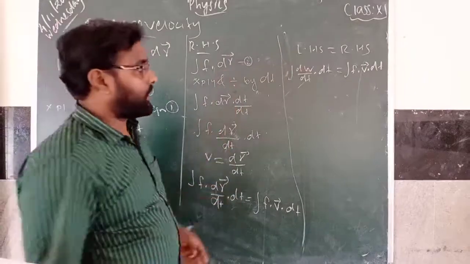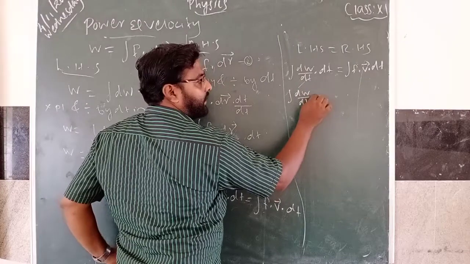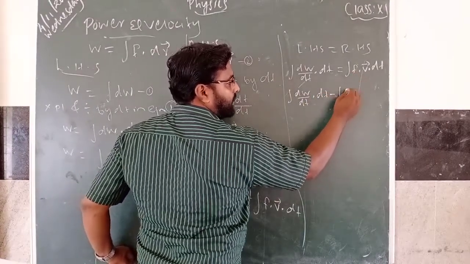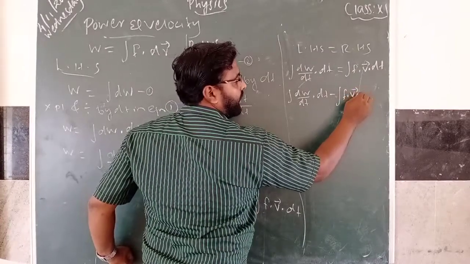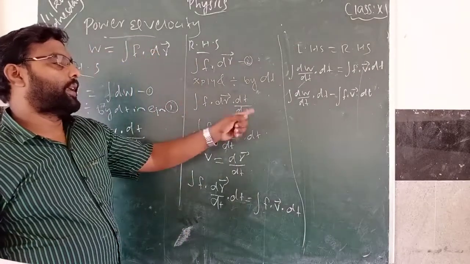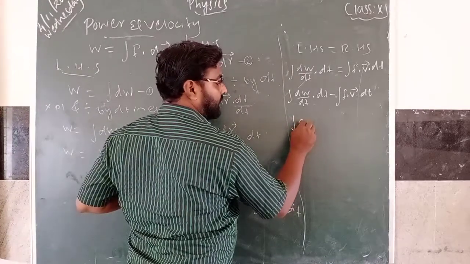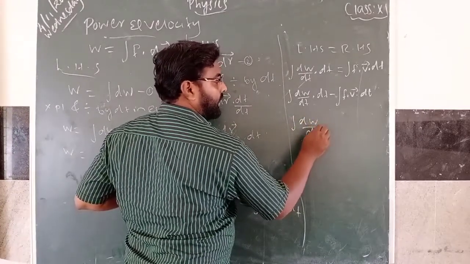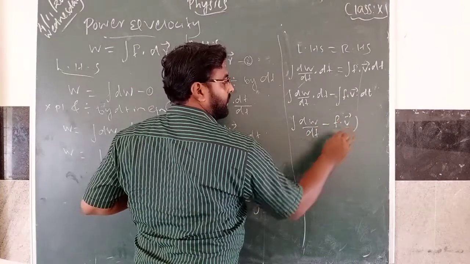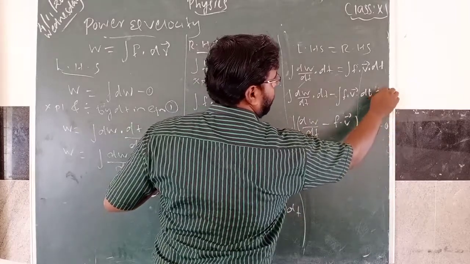Now take it to one side. So dW by dt into dt here, plus; when it comes to this side, minus F dot v into dt. Now here dt, there dt, take it common outside. So you can write (dW by dt minus F dot v) into dt equal to 0.